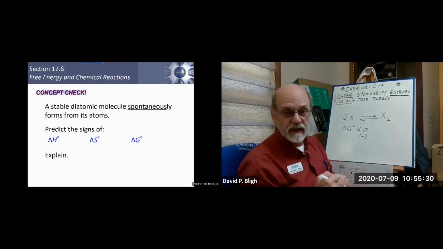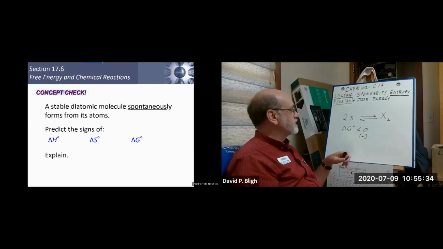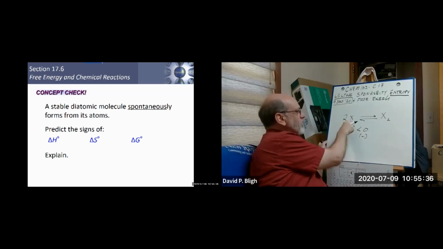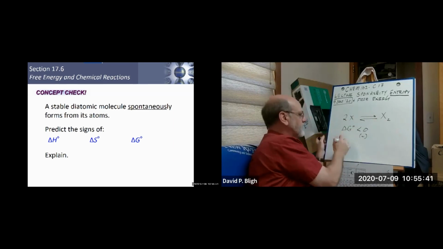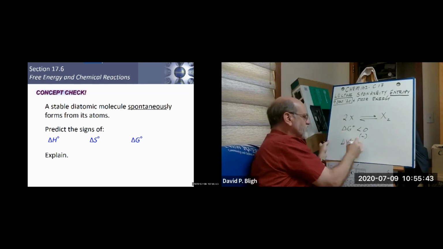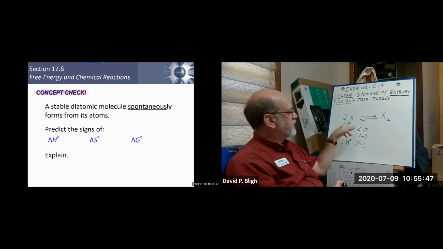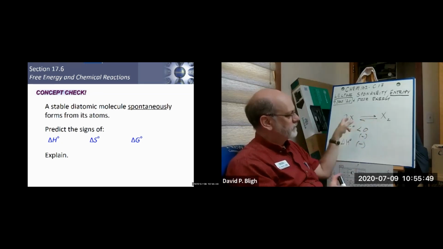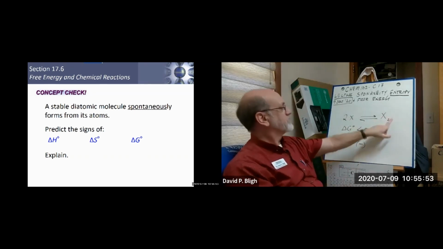Okay? The enthalpy of these reactions: you have no bonds here between the two. You got a bond there. So delta H should be exothermic. You give up energy when you go from here to here. And you have to put in energy here to go back to there.